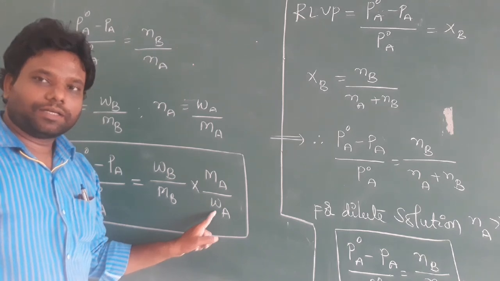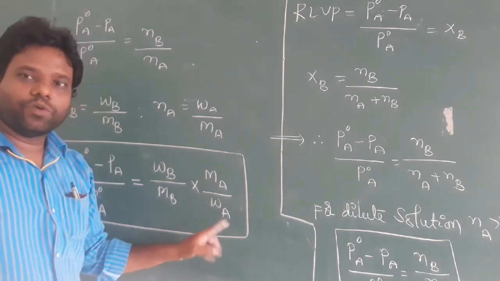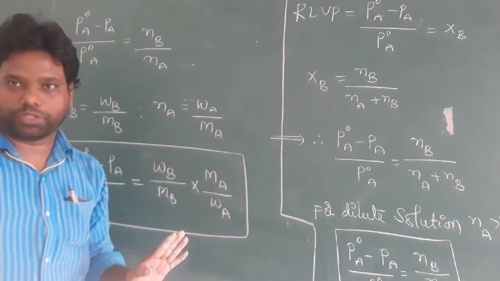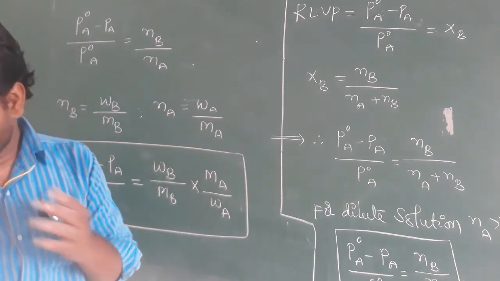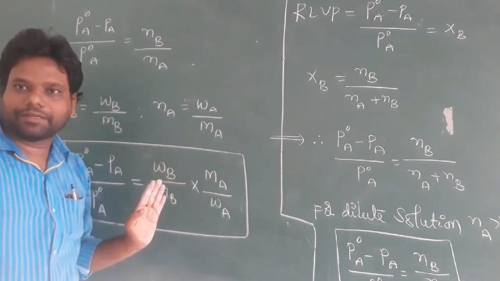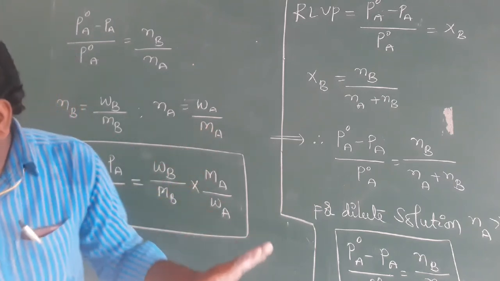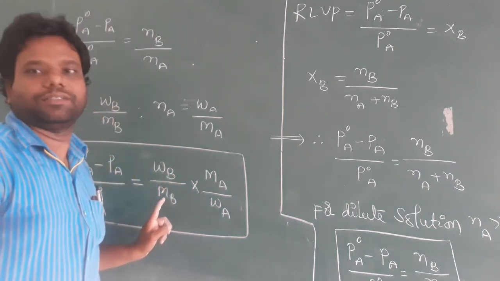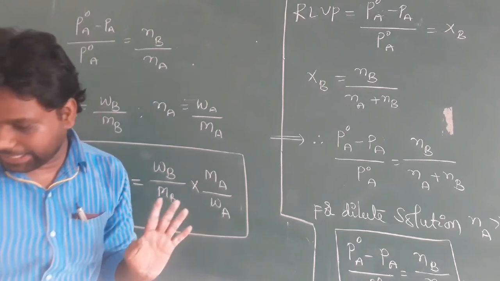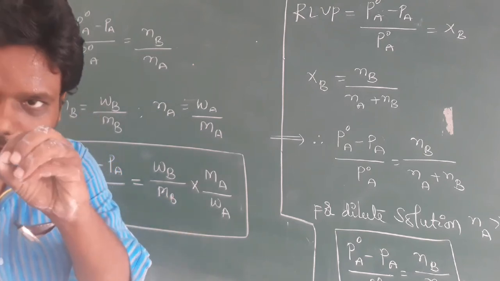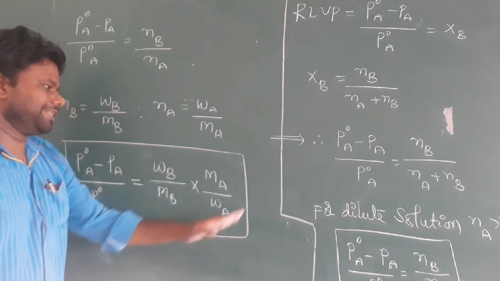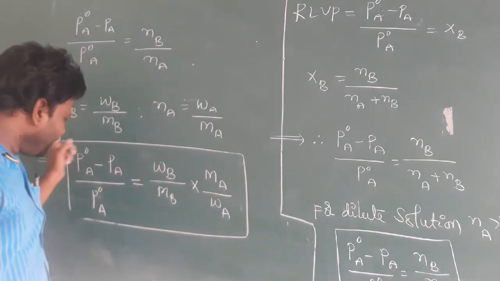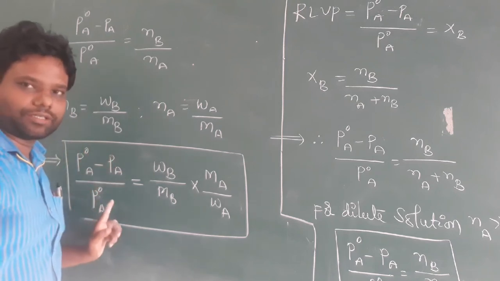Okay, look here. By using this equation, we can calculate the molar mass of solute. So this equation represents the relation between molar mass of solute and relative lowering of vapor pressure.